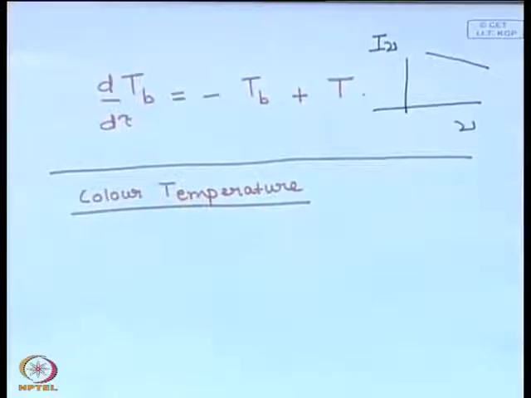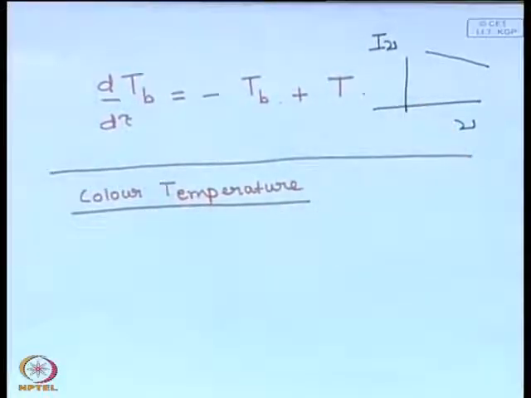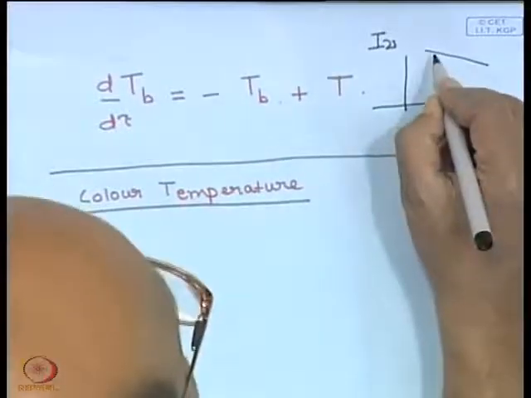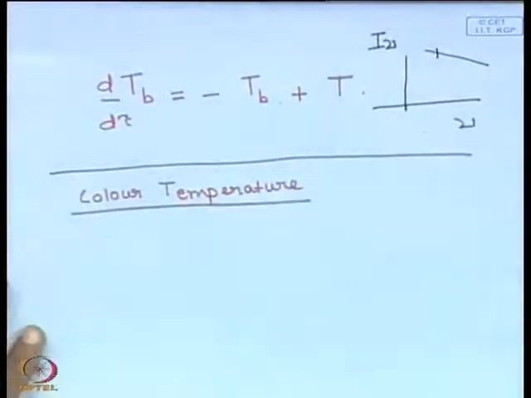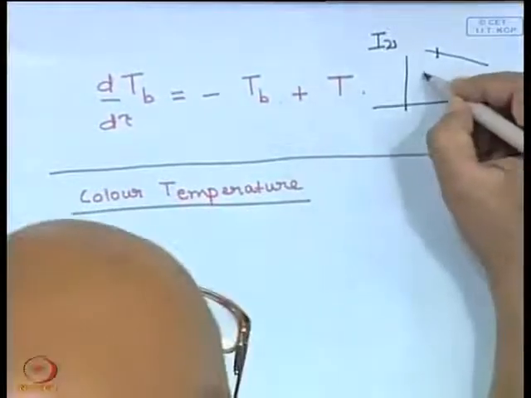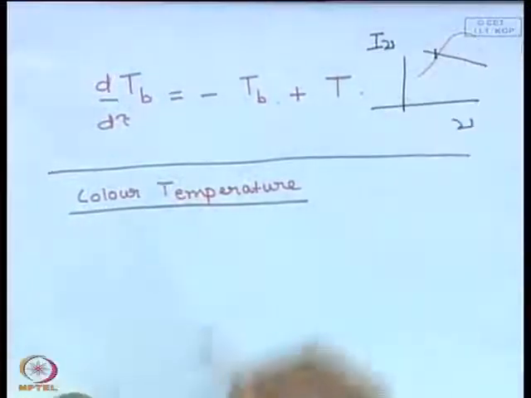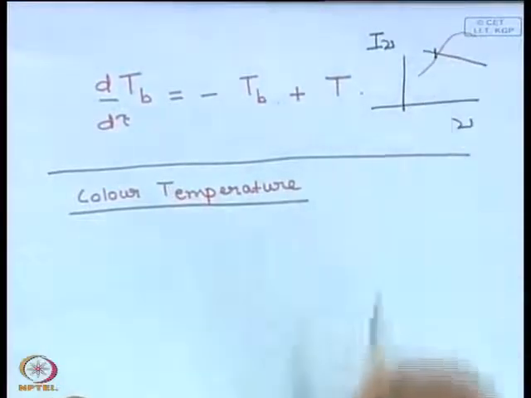This is obviously not a black body spectrum. So, if I calculate the brightness temperature at this point, what will I do? I will find which black body spectrum goes through this, and I will associate that temperature.